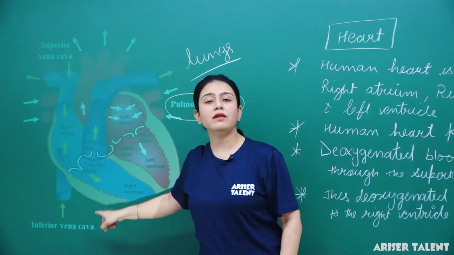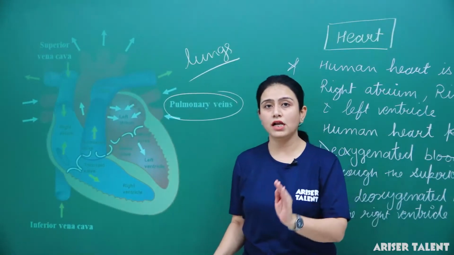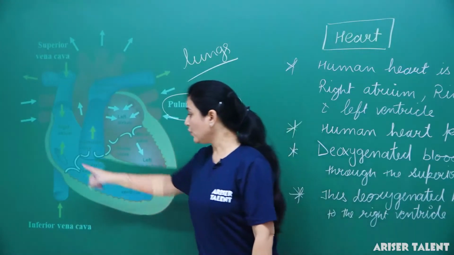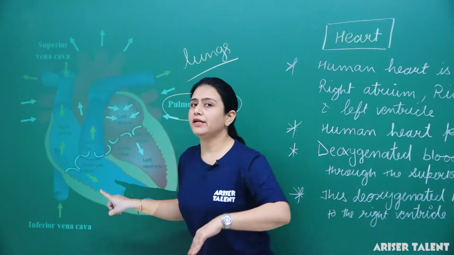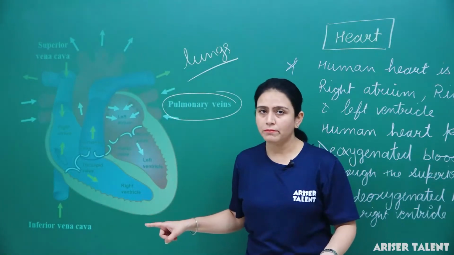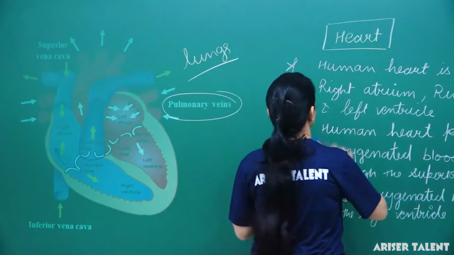Okay. So we can mention now that this valve allows the flow of blood only in one direction. It does not allow the blood to flow back. Okay, come to the next point.